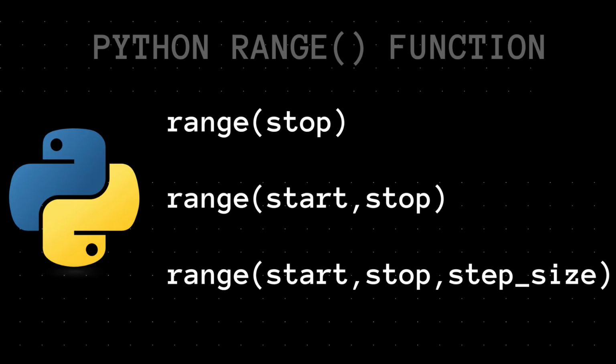One parameter would generate a sequence, 1 by 1, from 0 to 1 less than the parameter. 2 parameters will generate a sequence, 1 by 1, from the first parameter to 1 less than the second parameter. 3 parameters would create a sequence starting with the first parameter and stopping before the second parameter, but this time increasing each step by the third parameter.